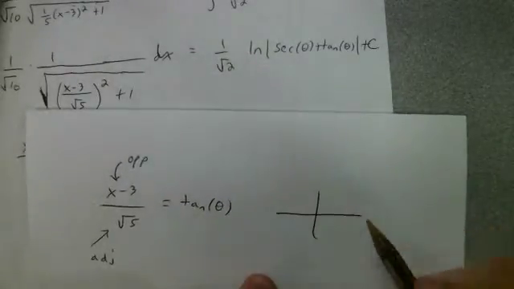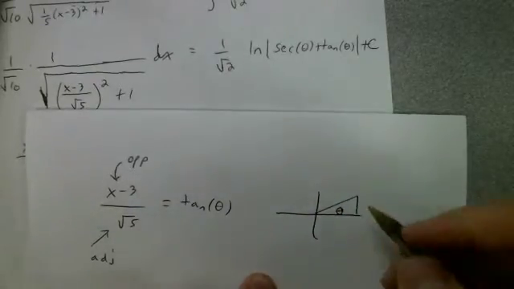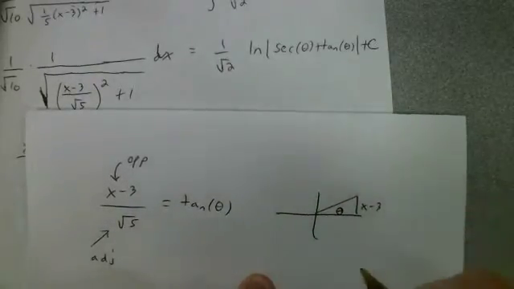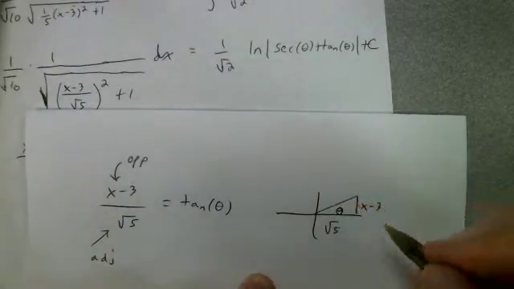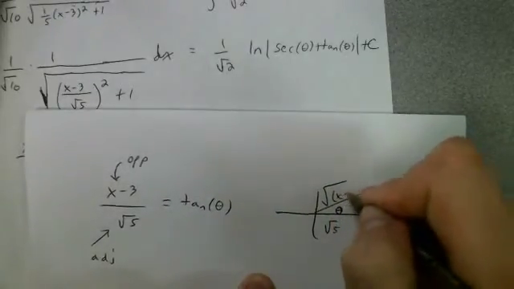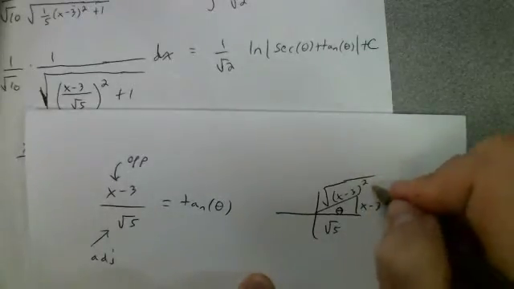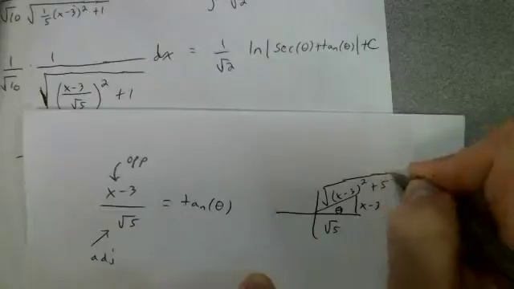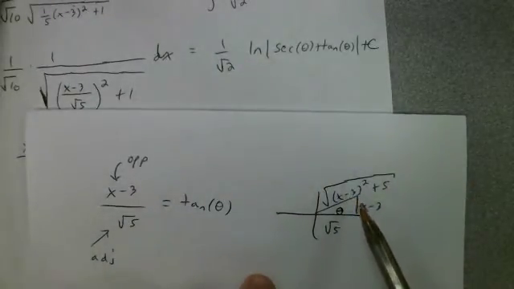So if I draw a triangle here, all right, there's my triangle, theta. Opposite side is x minus 3. Adjacent side is root 5. Hypotenuse is the square root of x minus 3 squared plus root 5 squared, which is x minus 3 squared plus 5. So there's the hypotenuse of my triangle.